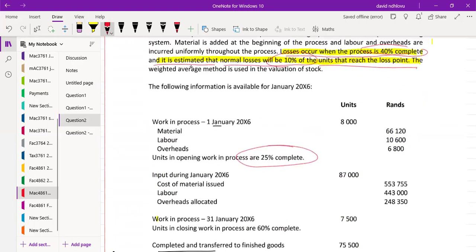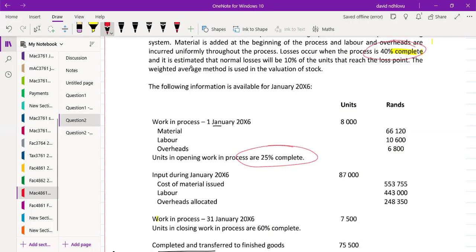Then you compare it with the wastage point, which is 40%. Remember it is opening inventory because it was there in December, when it was brought in January. The question we are asking is, had normal loss been accounted for in the previous year or not?